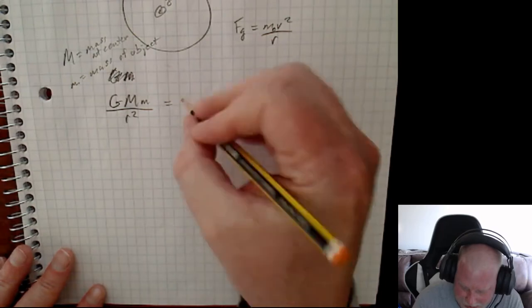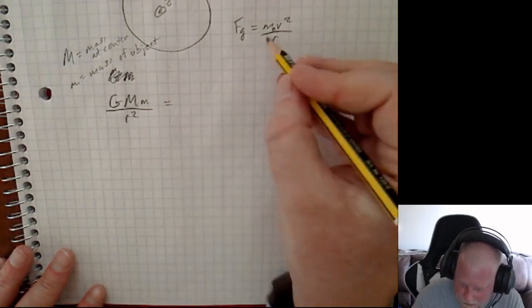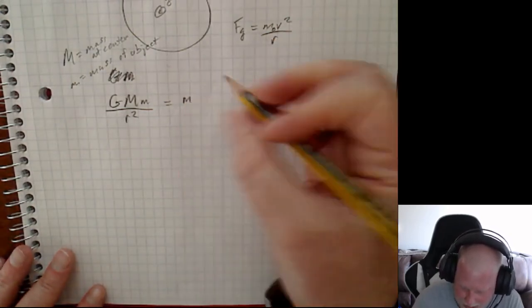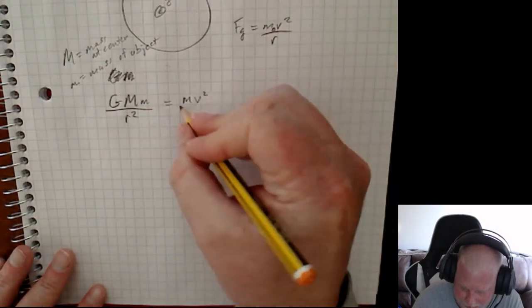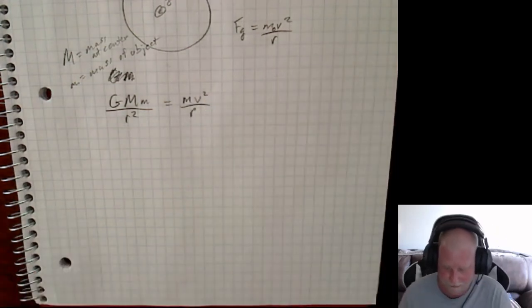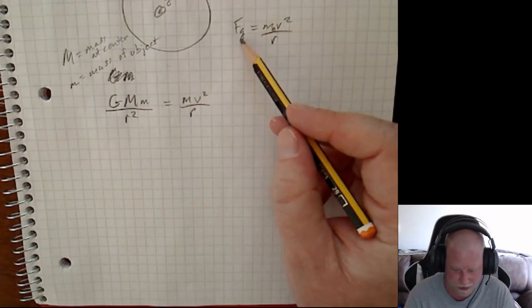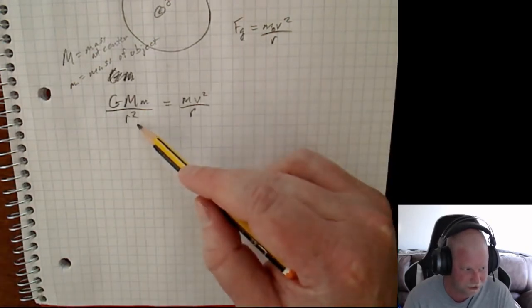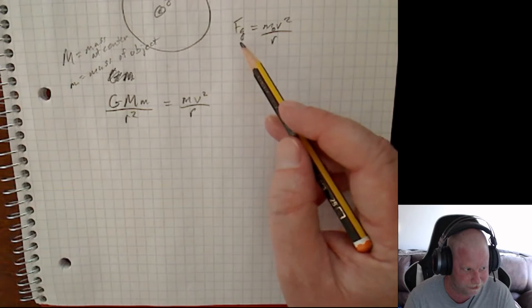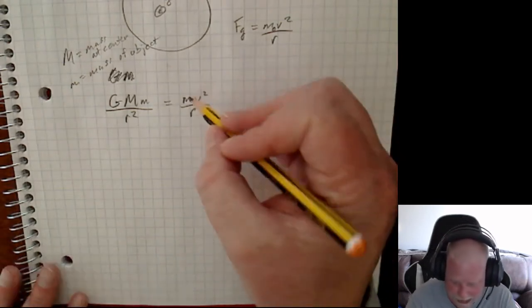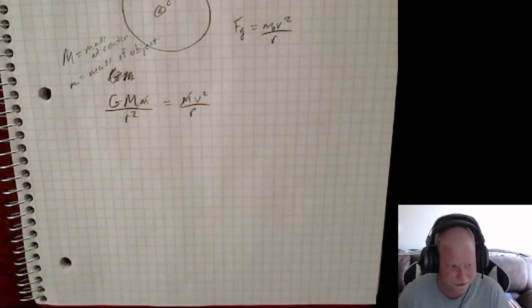Well, we can set that equal to the mass of the object times its speed squared over its orbit. Right? Because again, all we're doing is plugging in the law of universal gravitation here for force of gravity. Now notice what happens. The mass of the object goes away.